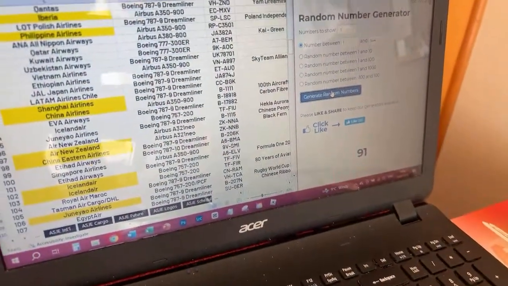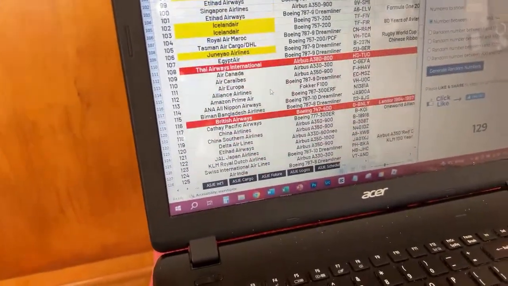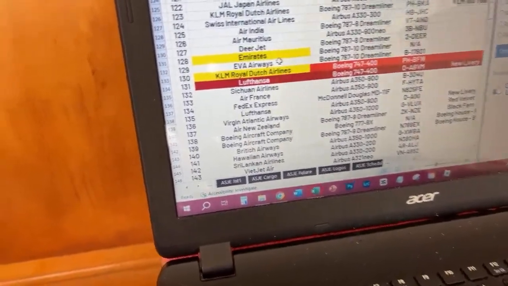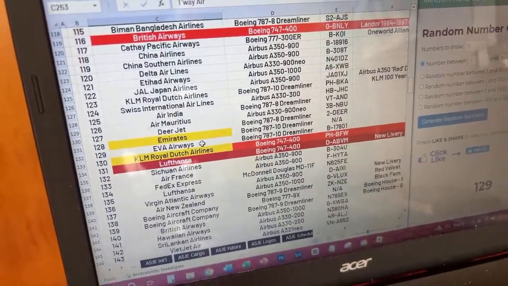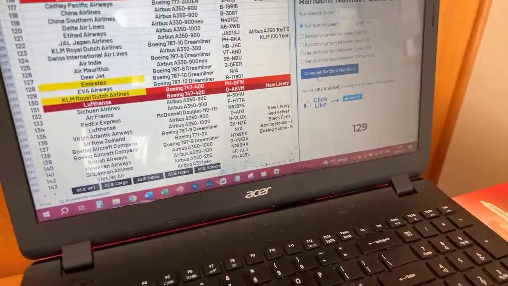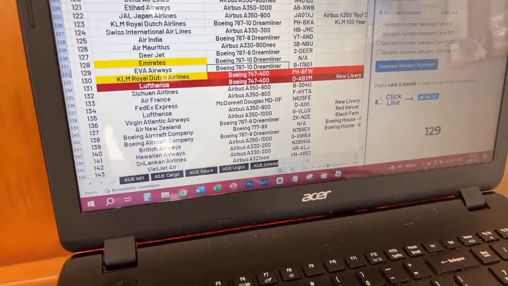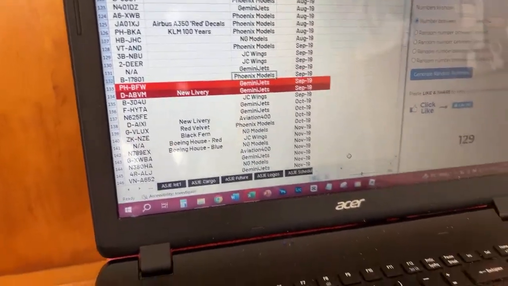That's been out before, so we won't be seeing that again in a model airport update for a while. 129 we're looking for. Also a 787, EVA Dash 10. That was the Phoenix release, I believe. Was it the Phoenix release? Let me have a look. No, it was the Phoenix release just there.